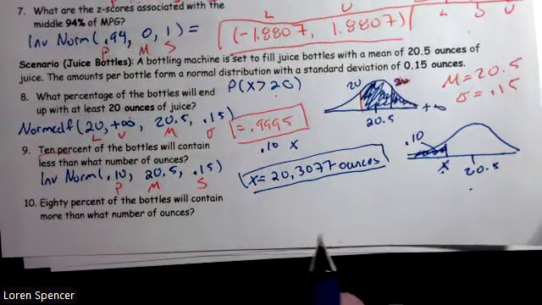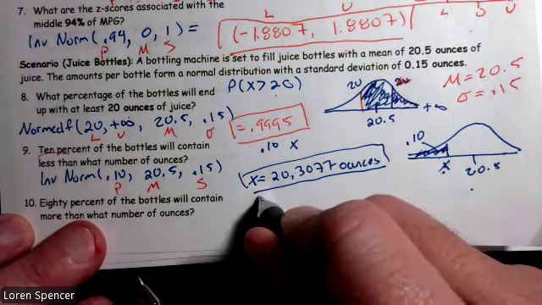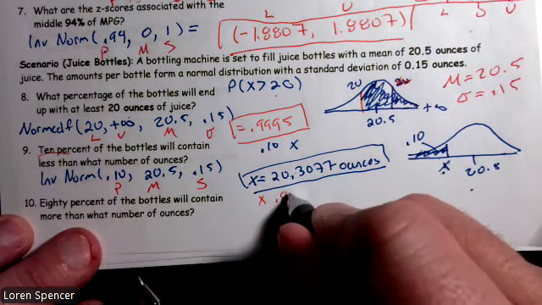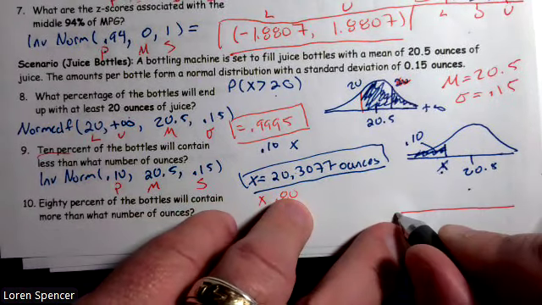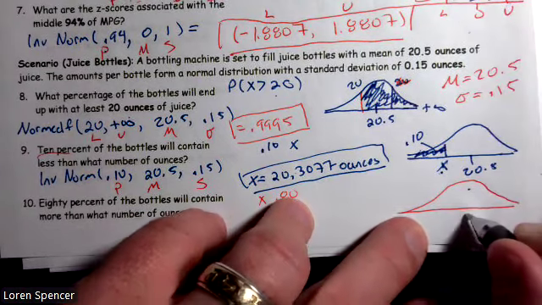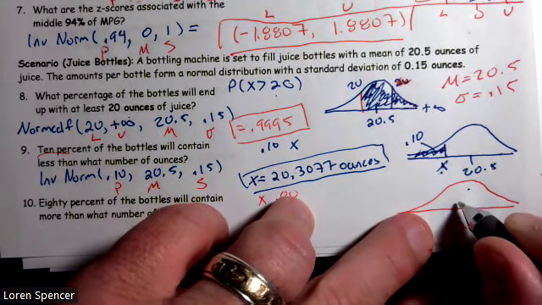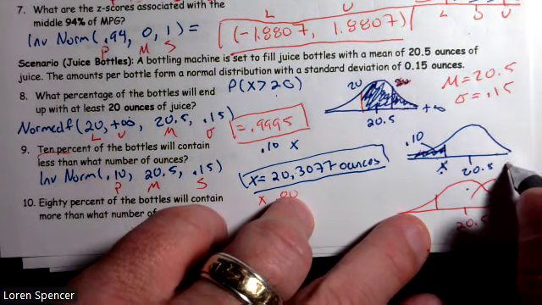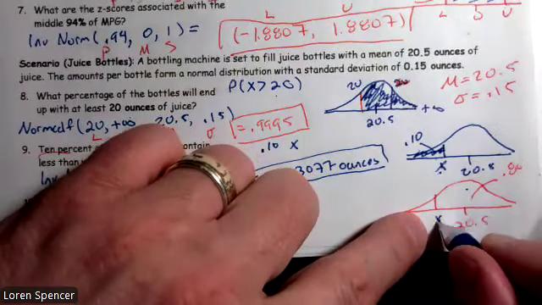Lastly, 80% of the bottles will contain more than what? Once again, we put our X, but it says more, so that means above. So I need to draw my picture. We're going to go 20.5. Halfway is 50%, so we have to go over half, and this area right here is going to be 0.80. We're looking for this X value right here.